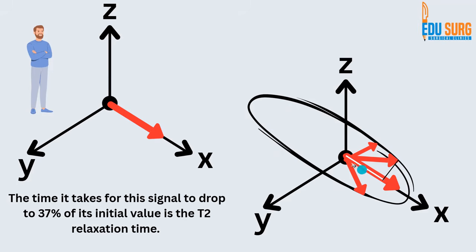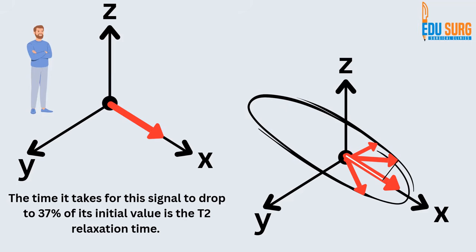You take it down, and this length is the length that we measure. So the time that the protons take for the signal to drop to 37% of its initial value is the T2 relaxation time. So when the pulse stops, the multiple ionic hydrogens stop being in alignment.